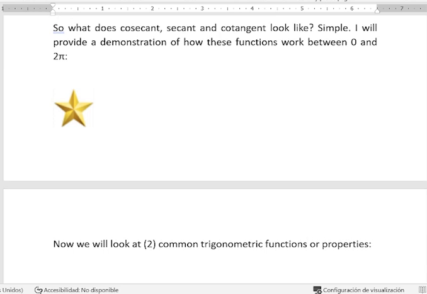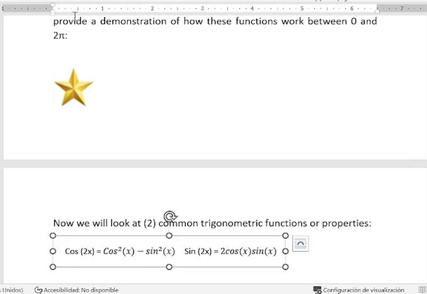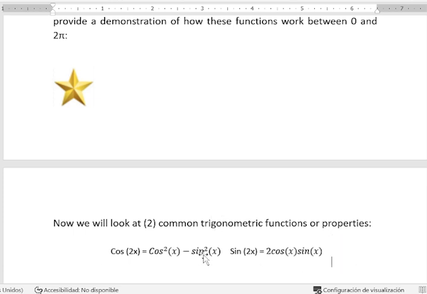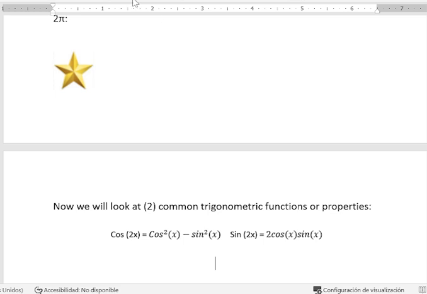These would be: cosine of 2 times the angle is equal to cosine squared of the angle minus sine squared of the angle, or sine of 2 times the angle equals 2 times cosine of the angle, sine of the angle. So now we'll go to the demonstration and see how this all works.